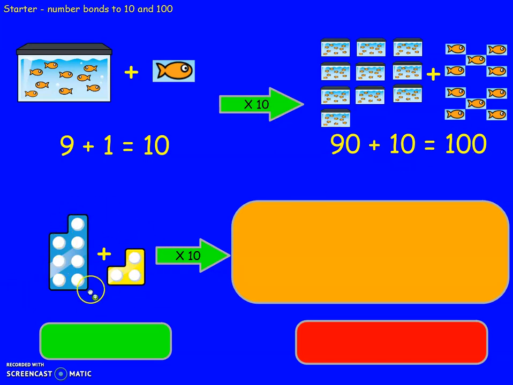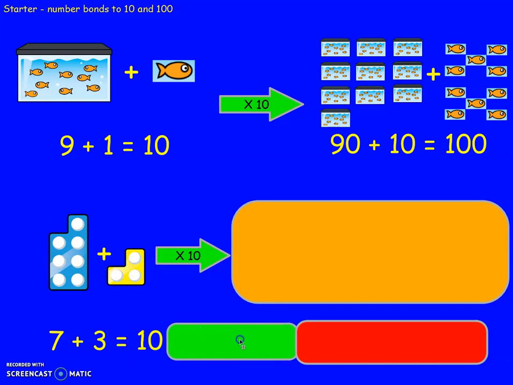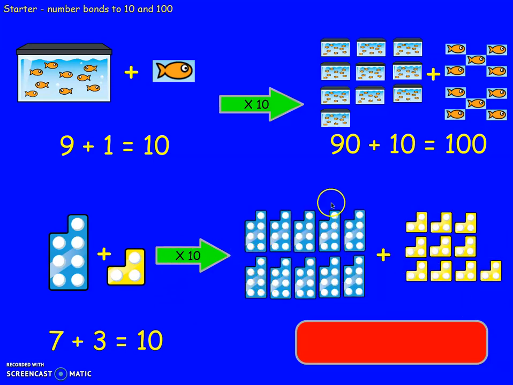Have a look at this one here. So we've got some numerals on here showing 7 plus 3. So 7 plus 3 equals 10. That is another number bond to 10. 7 add 3 is 10. If we were going to times this by 10, how many would we have? We'd have 10 lots of 7 plus 10 lots of 3.